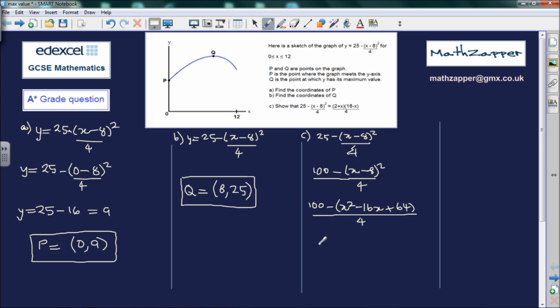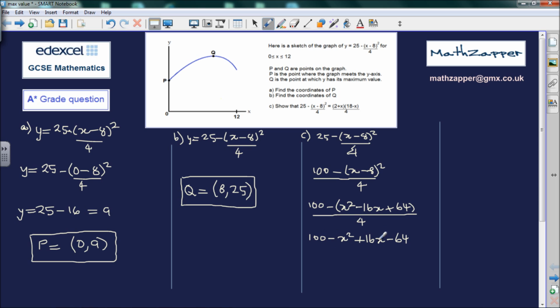And then removing the brackets, we have 100 minus x squared minus 16 is plus 16x, minus plus 64 is minus 64, again all over 4.